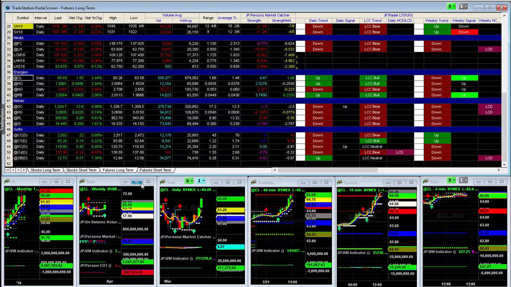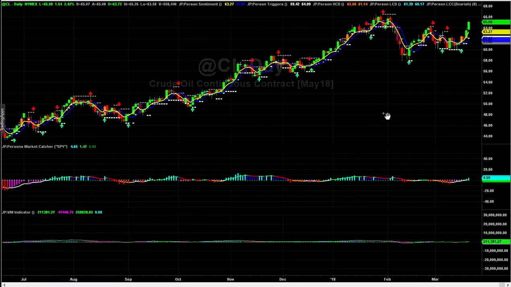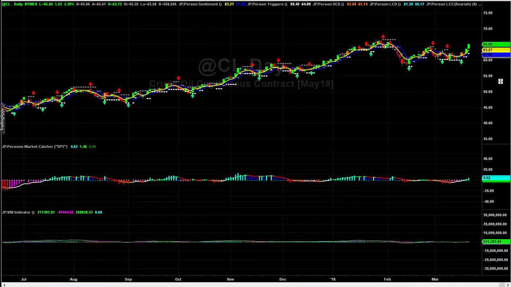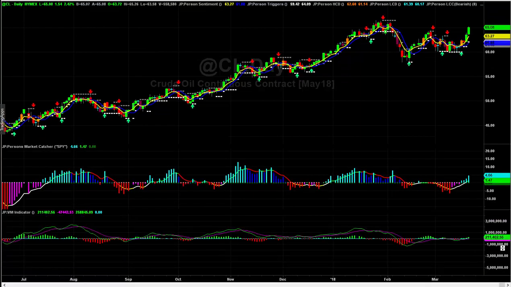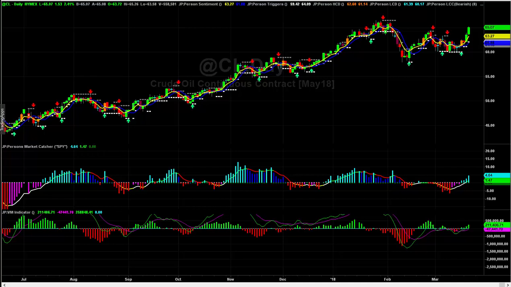And you'll notice at least the daily on crude oil has been in that little PPS buy mode. So you can double check that all for yourself on Thinkorswim as well if you're a Thinkorswim client. Here's as well as Genesis Trade Navigator. I mean, it's the three platforms that we use: Genesis, TradeStation, Thinkorswim.